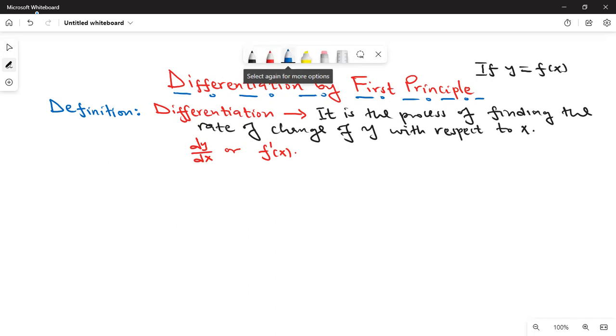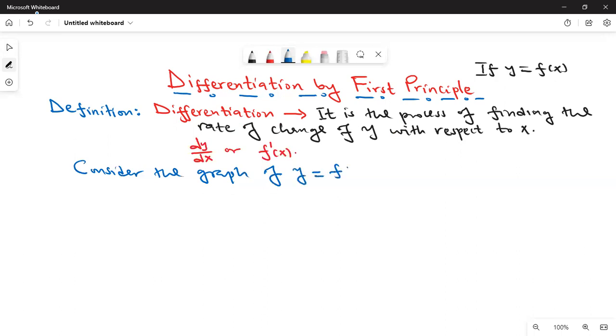Let's consider this diagram, or consider the graph of y is equals to f of x. It is shown below. I'm going to draw the y-axis vertical line, just a sketch, the x-axis horizontal line.